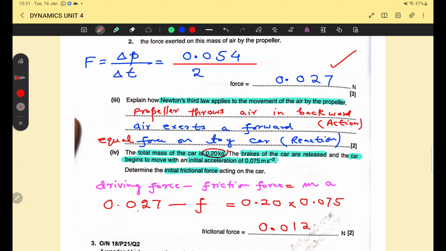Driving force coming from the propeller is acting forward. Friction between tire and road is a backward force. Opposite in direction, so they are subtracted, and it is equal to net force, that is ma. Acceleration is given, so you can calculate the force of friction and it will be 0.012 Newton.